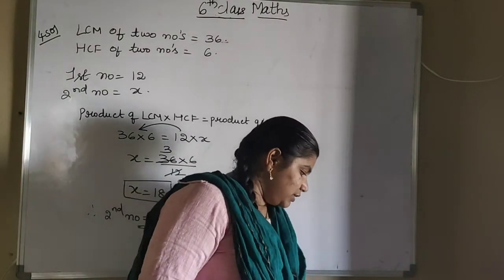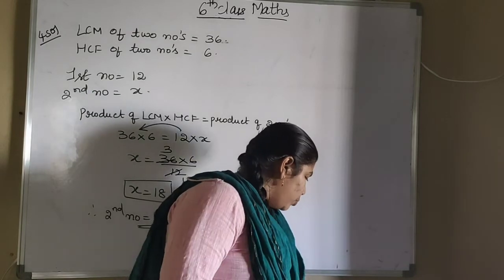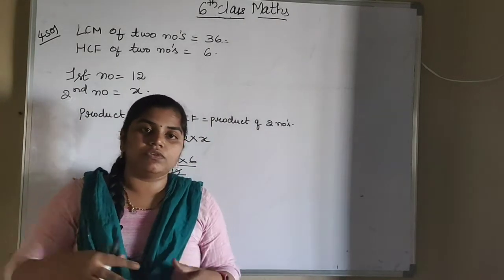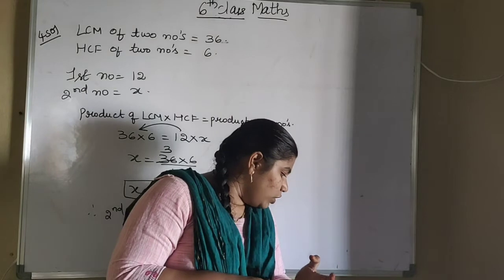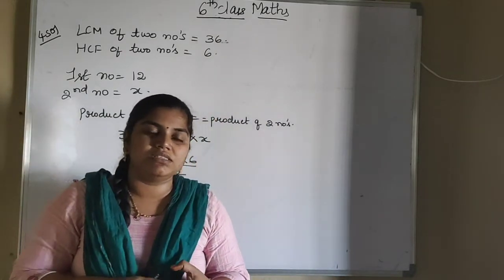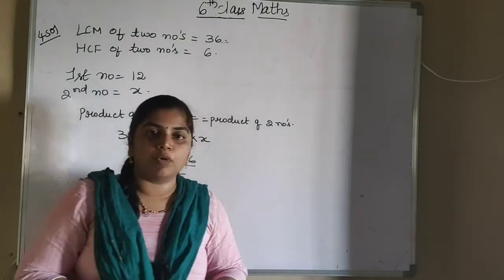Now next exercise, that is exercise 3.7. In this 3.7 we have already learned all the divisibility rules. Here we will apply the divisibility rules of 4, 8 and 11. By using these three divisibility rules we are going to solve this exercise 3.7.